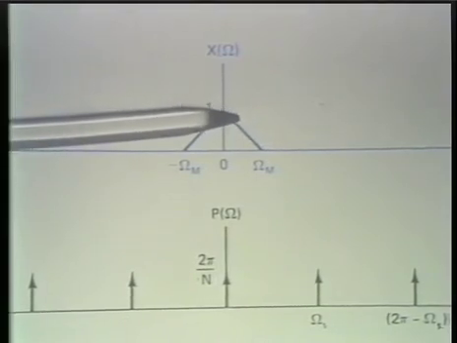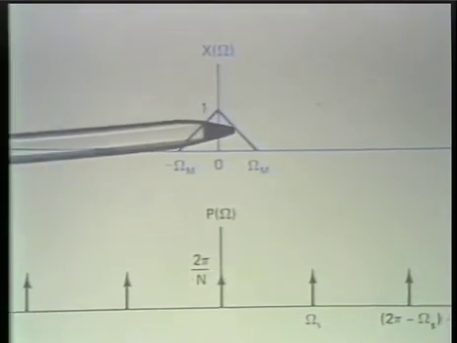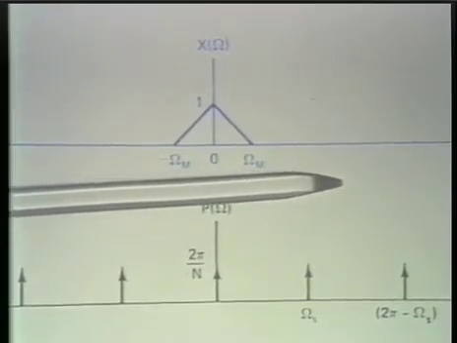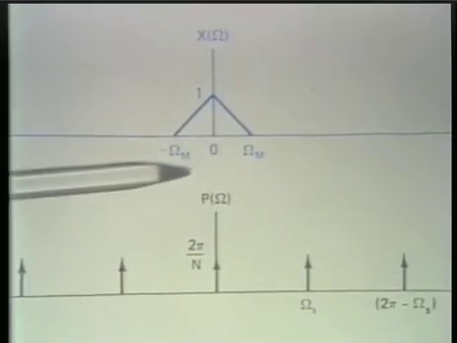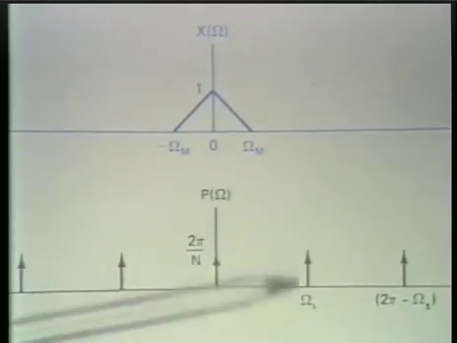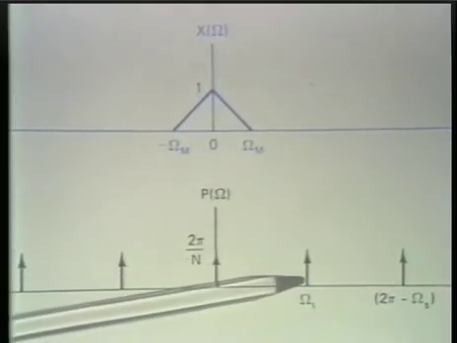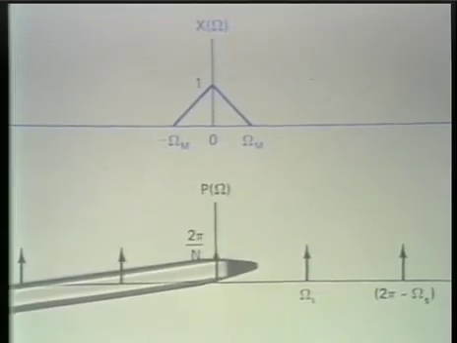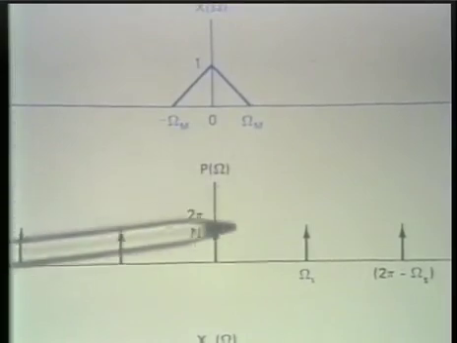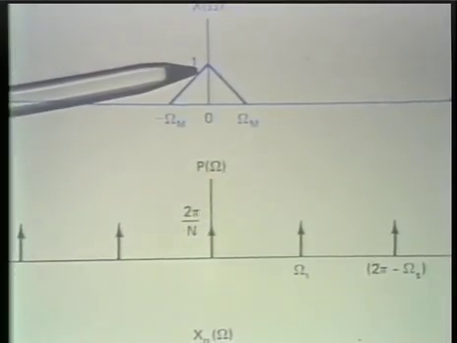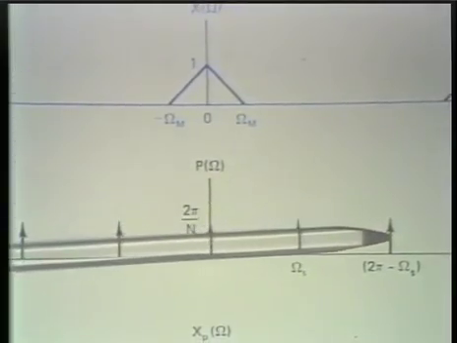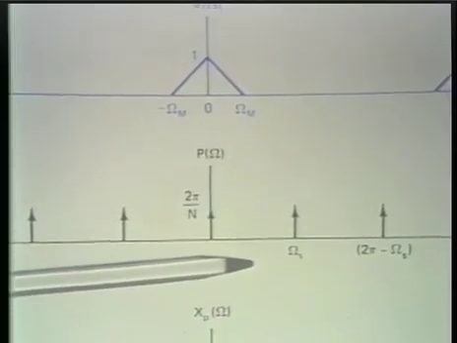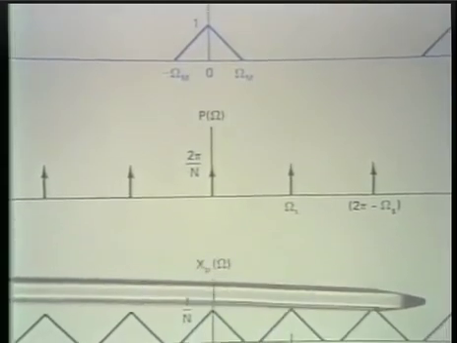And now the spectrum of the sampling signal is what I show below, which is an impulse train with impulses occurring at integer multiples of the sampling frequency. And then finally, the convolution of these two is simply this one replicated at the locations of these impulses, and so that's finally what I show below.